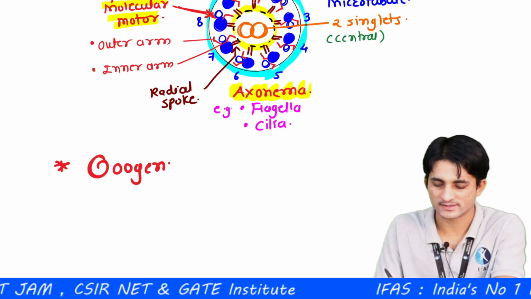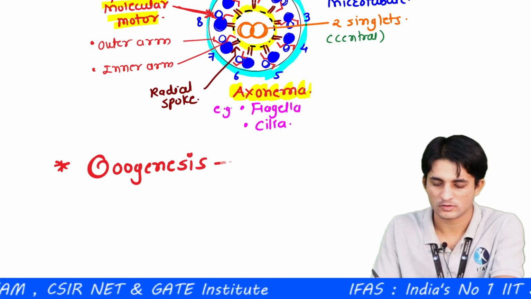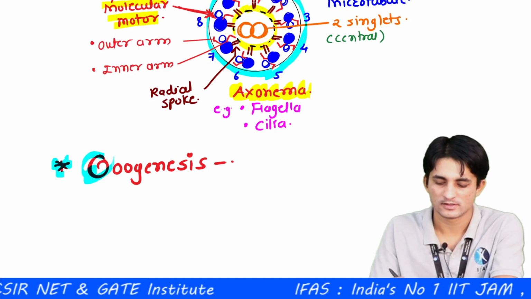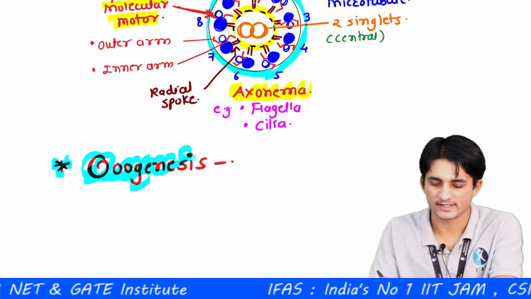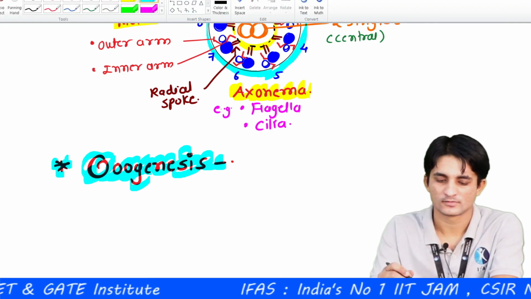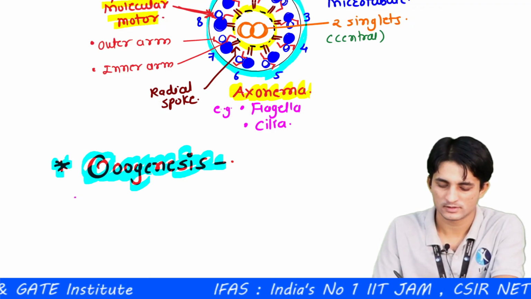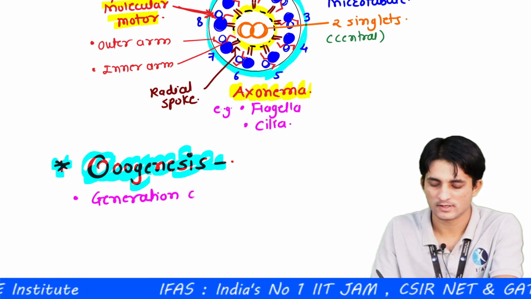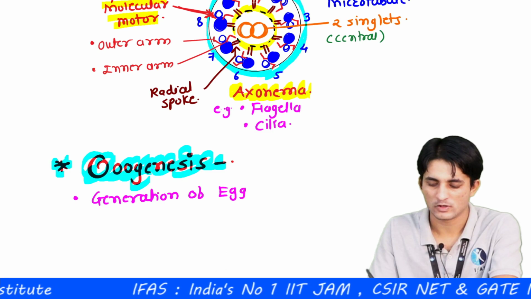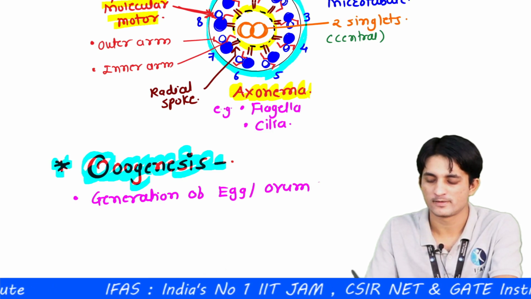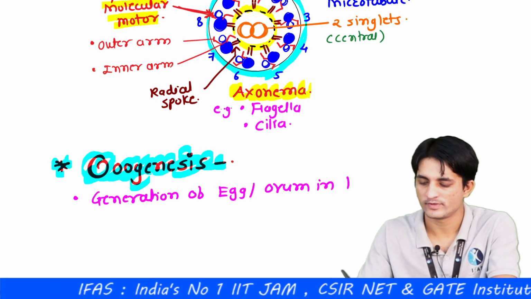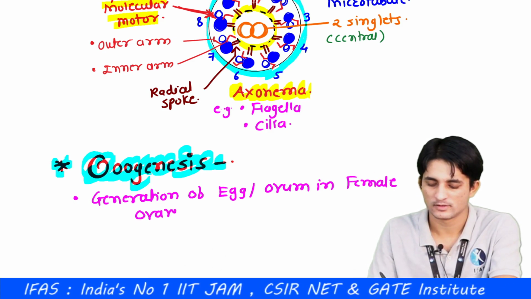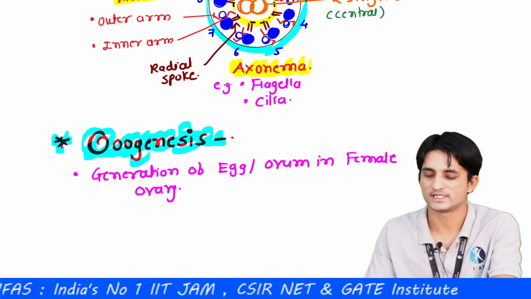So oogenesis is the synthesis of the egg. The generation of the egg or ovum in the female ovary is called oogenesis.